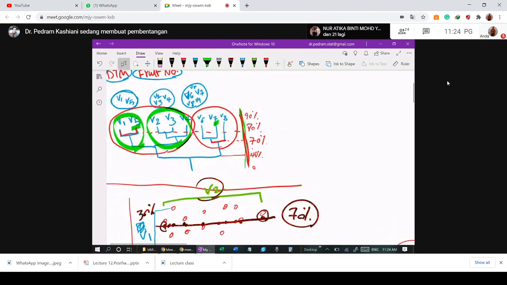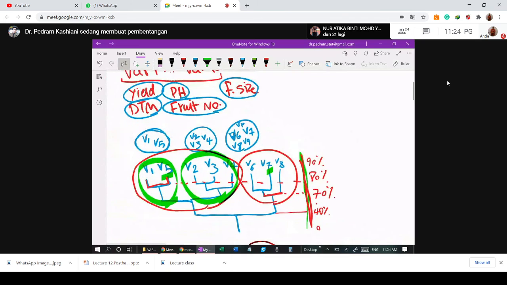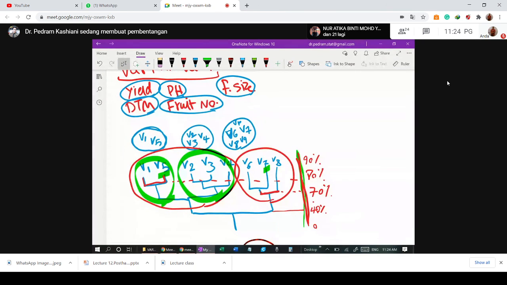In cluster analysis, we are very keen to divide my samples into distinct groups, that is, how I can put these varieties into different groups. This is about cluster analysis, and cluster analysis has many different techniques.